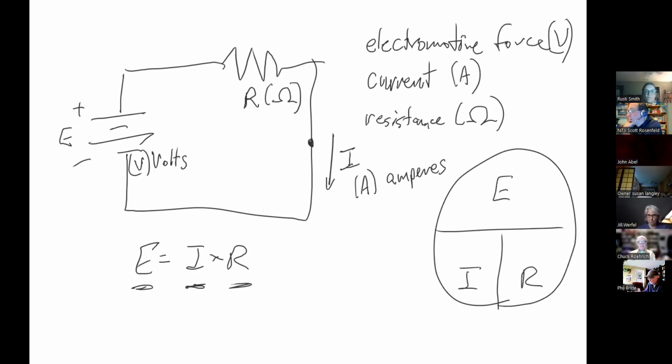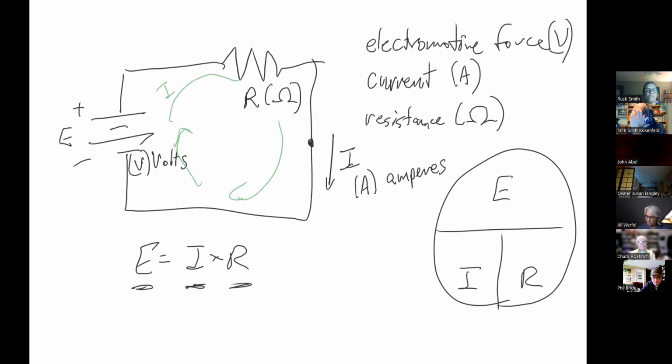If you say, okay, I'm going to take my very first circuit, which comes from the word circle. Current flows in this direction. By definition, current flows out of the positive and into the negative side of the battery.